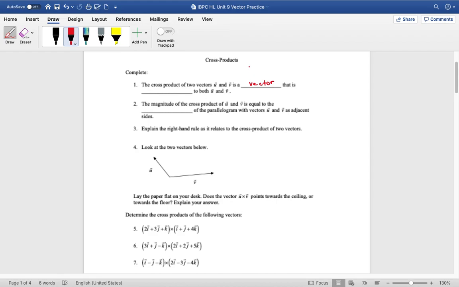And what's special about the cross product? Yes, perpendicular to both. And then number 2 is what I just took you through. The magnitude of the cross product of two vectors is equal to what of a parallelogram? If you put U and V as adjacent sides of the parallelogram.